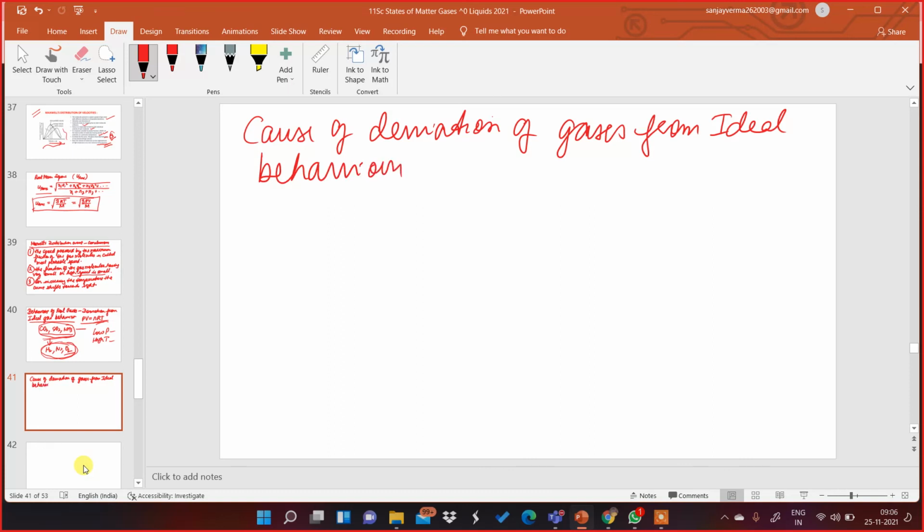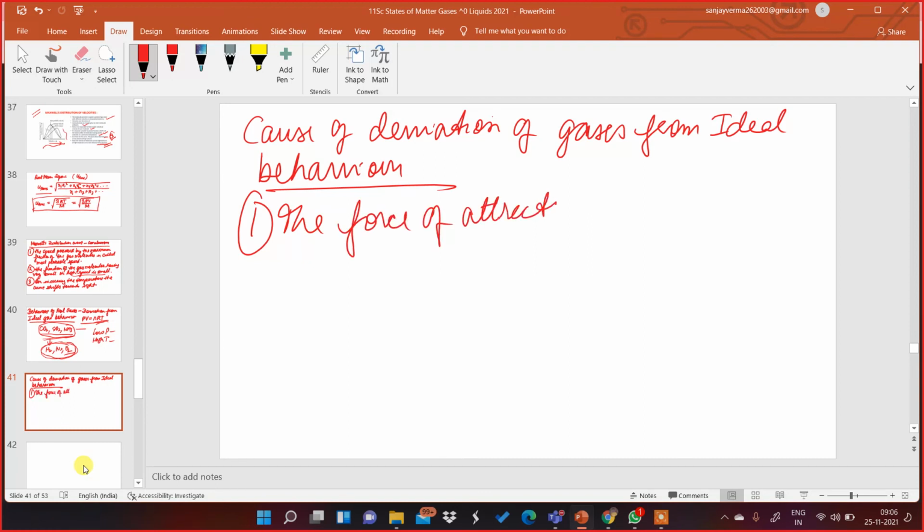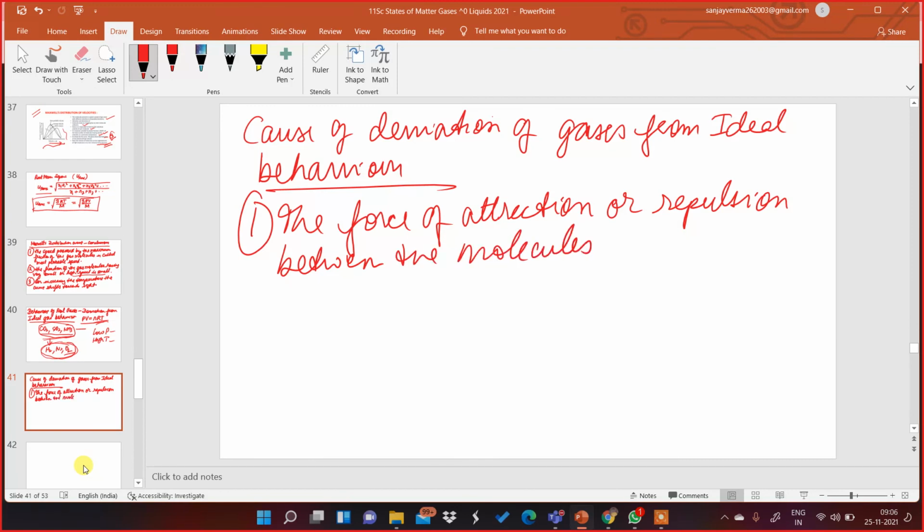The first cause is the force of attraction or repulsion between the molecules may not be negligible. That is, it may have a considerable value.